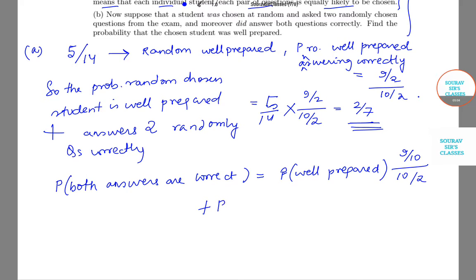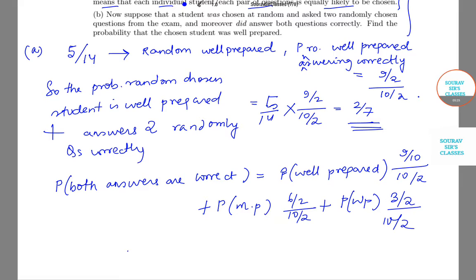This you add with moderately prepared, and this will be 6C2 by 10C2. And you add with this weakly prepared, the probability of choosing randomly a weakly prepared student, and he will answer the 2 randomly asked questions correctly.